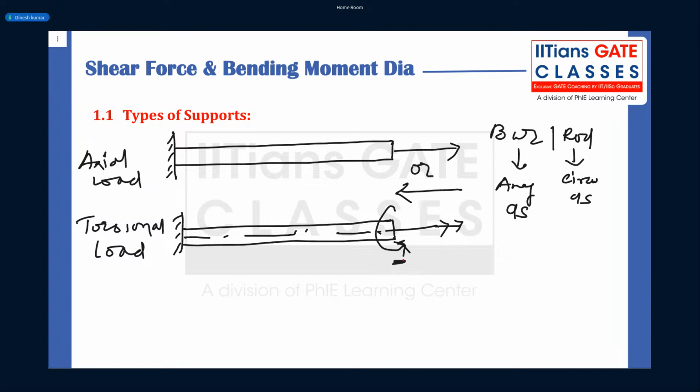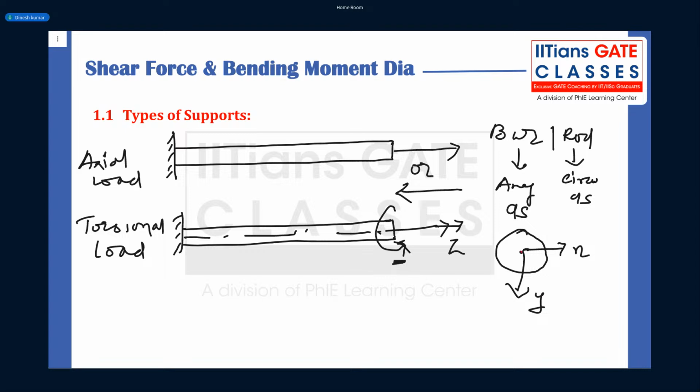What I mean, see, suppose this slender structure is circular. Then other than the longitudinal axis, it will have cross-sectional axes. Somebody told z axis, so I'm considering the longitudinal axis as z axis, and this is my x and y.